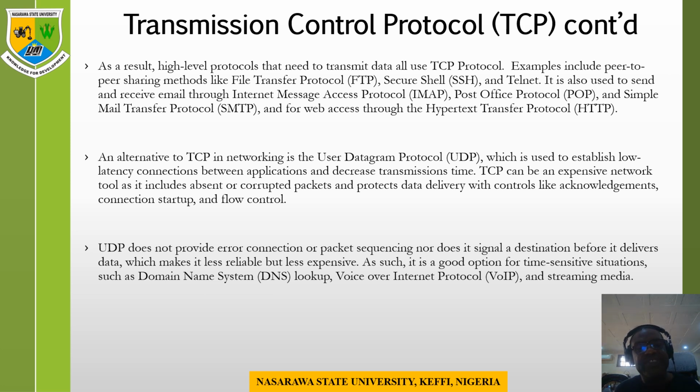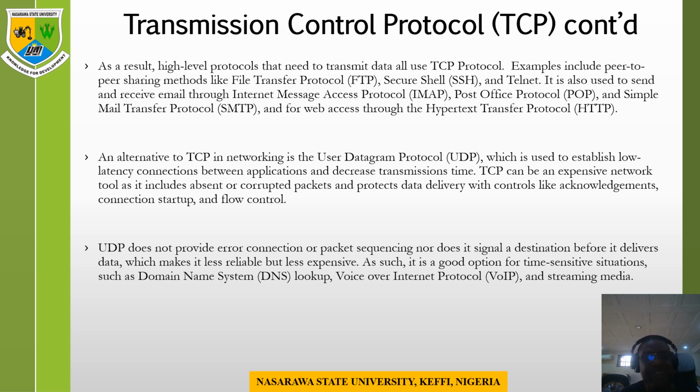An alternative to TCP in a network is the user datagram protocol, UDP, which is used to establish low-latency connections between applications and decrease transmission time. TCP can be an expensive network tool as it includes retransmitting absent and corrupted packets and protects data delivery with controls like acknowledgements, connection startup, and flow control.